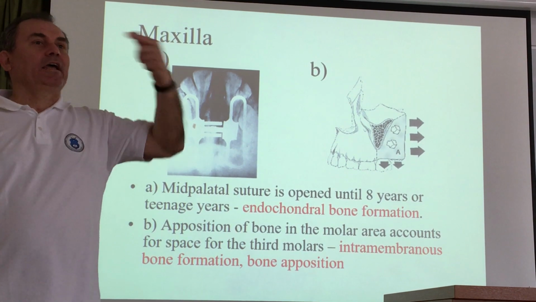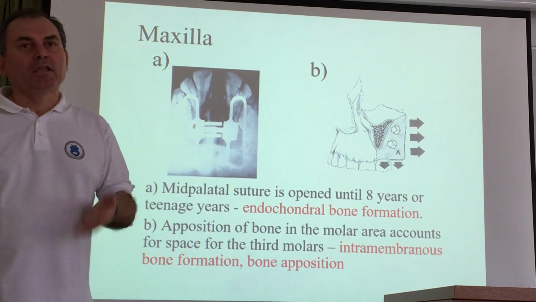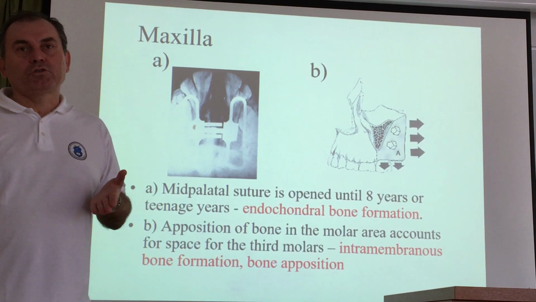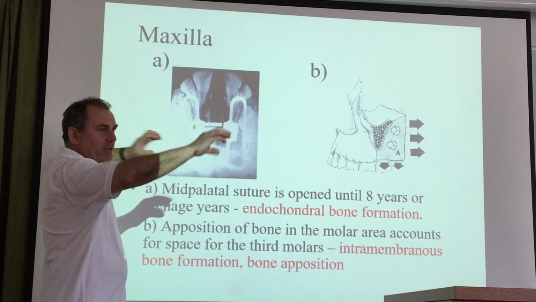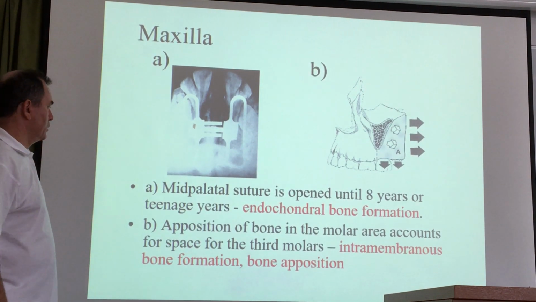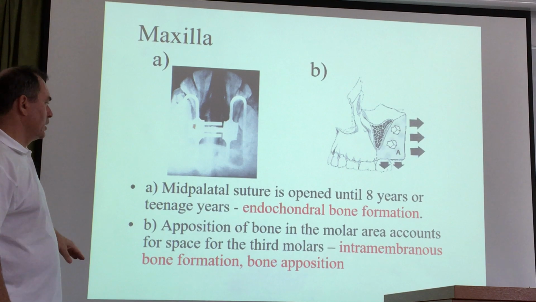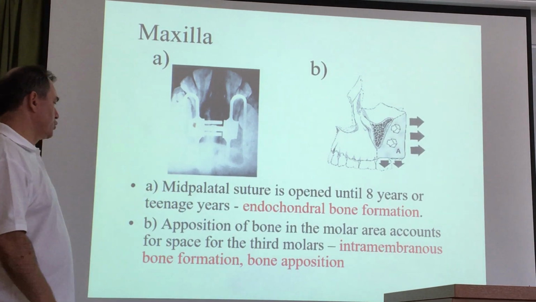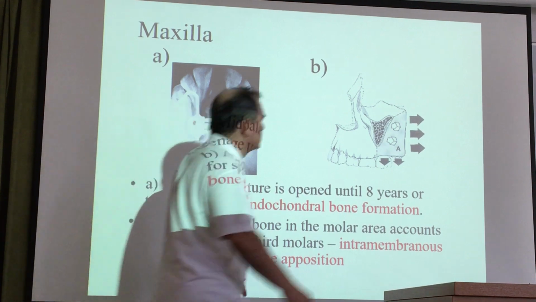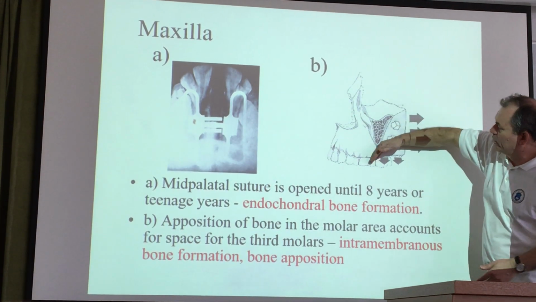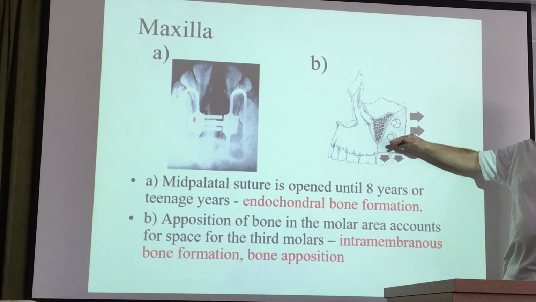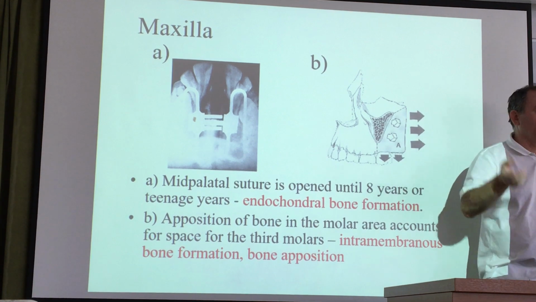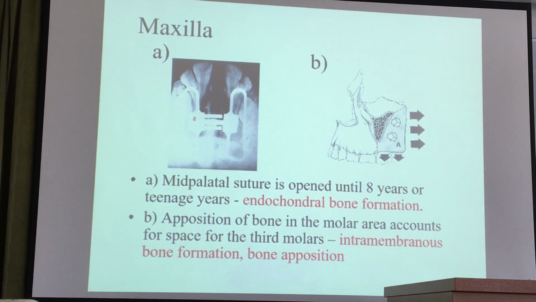So you can accelerate the mid-palatal cartilage plate activity for new bone formation with this treatment, okay? With this treatment, where this is the appliance, it is named the Hyrax appliance. So endochondral bone formation, and you can see appositional bone membrane activity, for example, in the tuber region, where the molars are forming, the tooth germs of the molars.